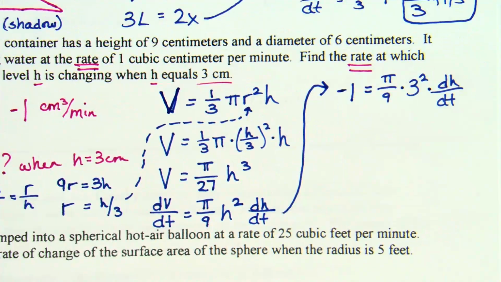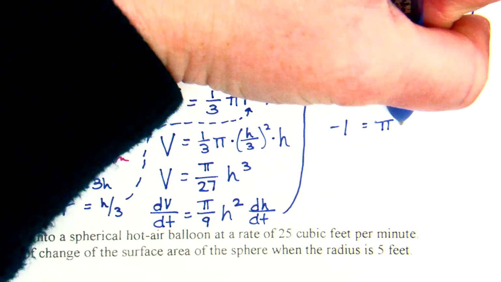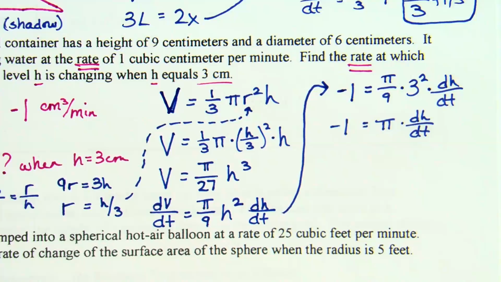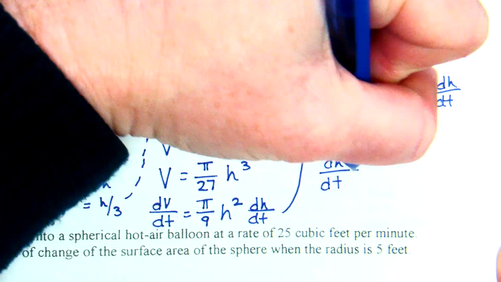Pi. So I have -1 equals pi times dh/dt. To solve for dh/dt, divide by pi. And so what is dh/dt? -1 divided by pi.